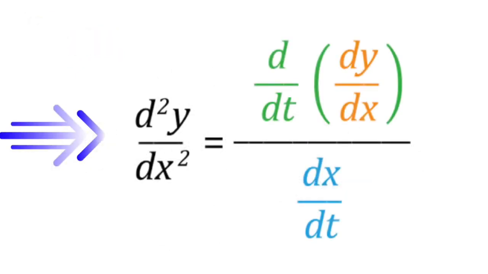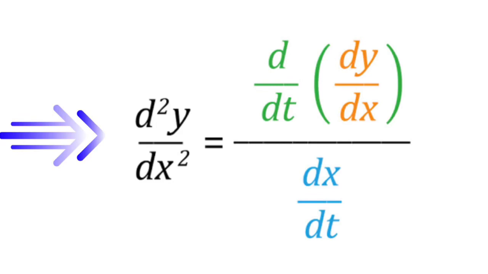Now step number 2 was to find out the derivative of dy upon dx with respect to t, and the third step was to divide by dx upon dt.